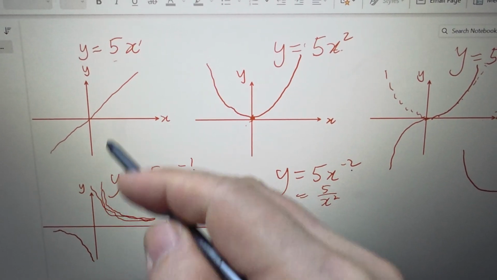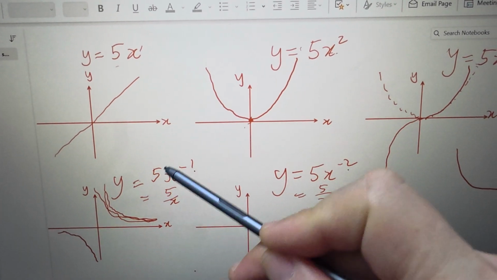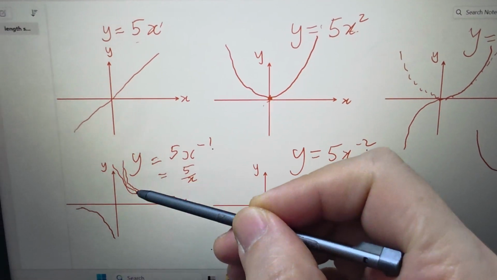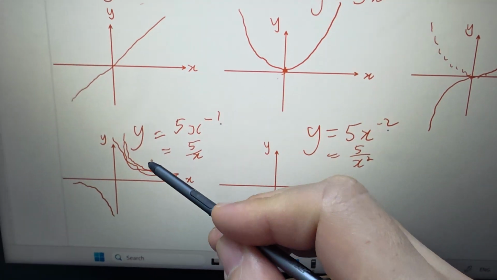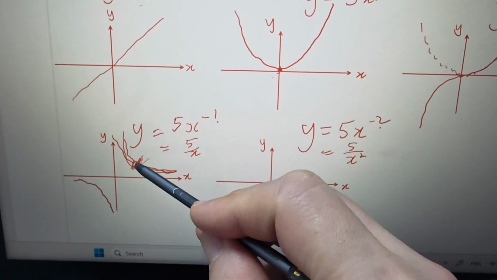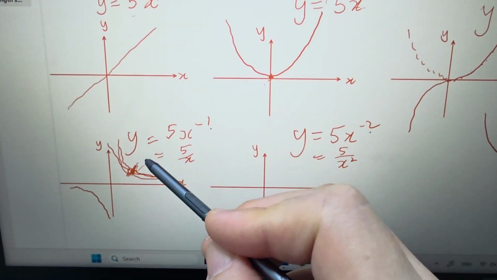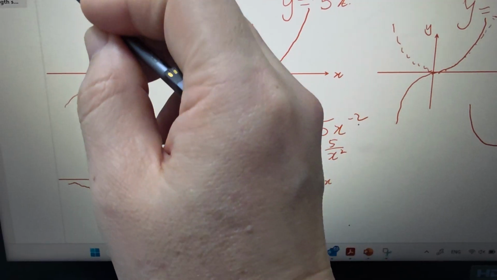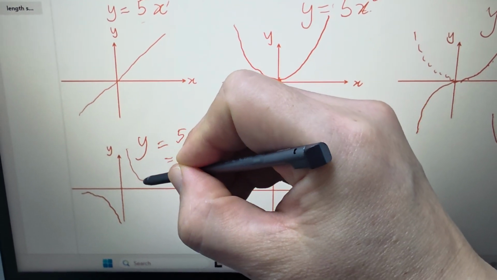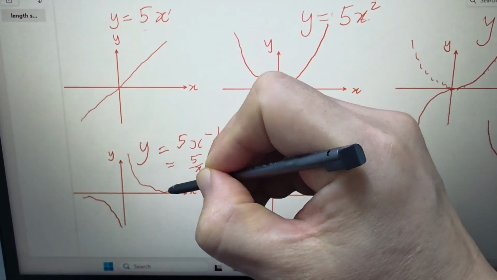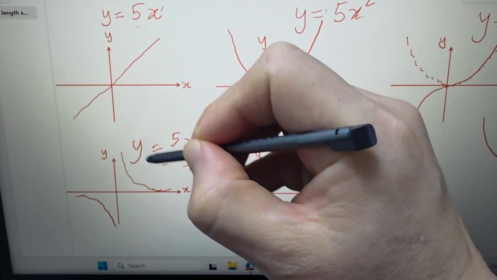Of course it doesn't look like that, I'm so sorry. I think I better erase, just in case you get the wrong idea. So this looks like a boomerang this way. It doesn't touch.